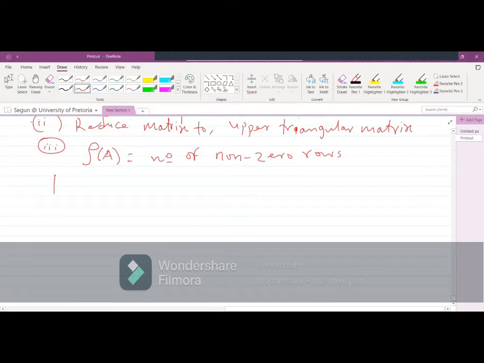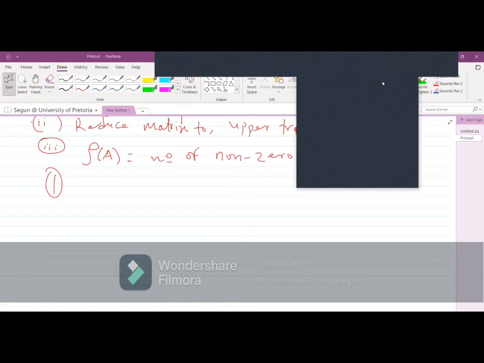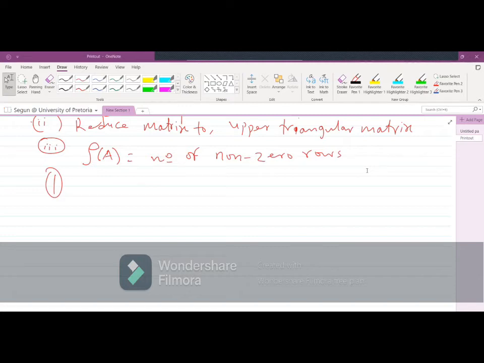How many of us have seen a question that asks, what is the rank of this matrix? Raise up your hand if you've seen it. Nobody. Okay, only one person. Please, guys, you need to buckle up. Let's work on ourselves. Nothing comes easy.